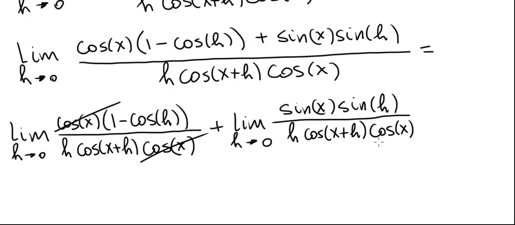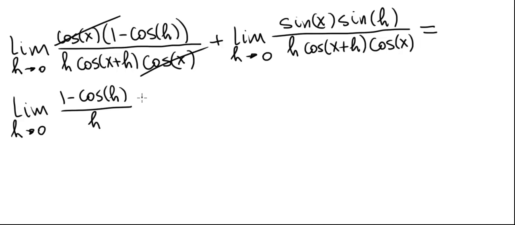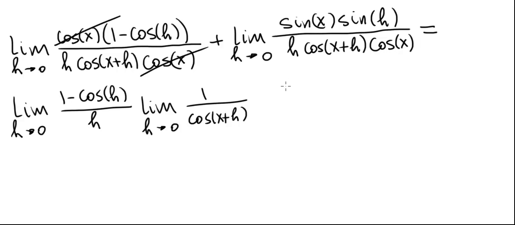So now let's finish this up. Look at the first limit. The first limit we can break up into a product of two limits. This is the limit as h approaches 0 of 1 minus cosine of h over h, times the limit as h approaches 0 of 1 divided by cosine of x plus h. And the second limit we can do likewise. Notice that we have sine x over cosine x.